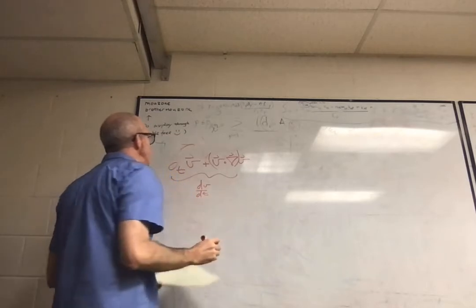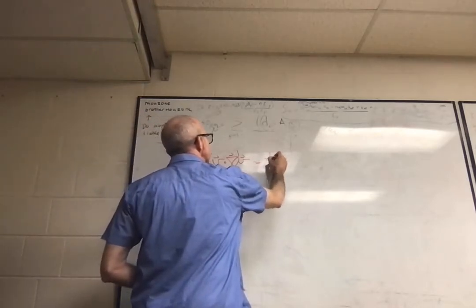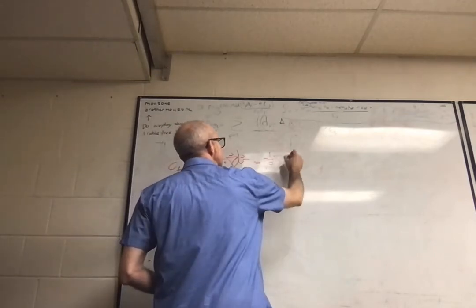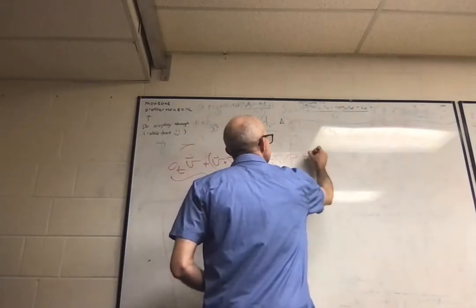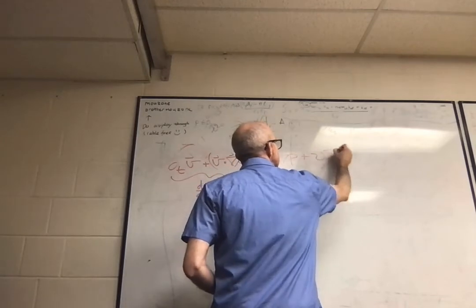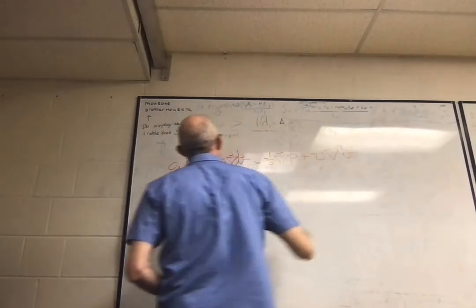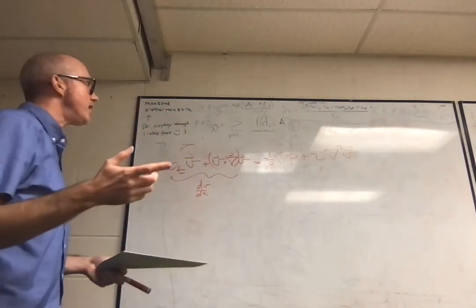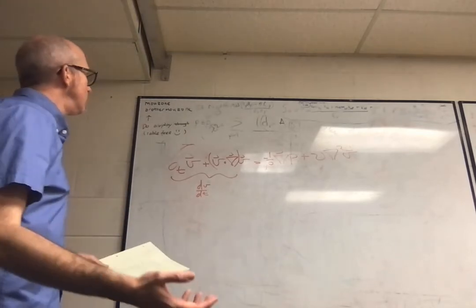I'll show you why in a minute. Equals minus 1 over rho, there's the density, grad p, that's the pressure, plus nu del squared v. Okay, this is Navier-Stokes. I'm going to derive part of it for you right now, and derive the other part of it next week.